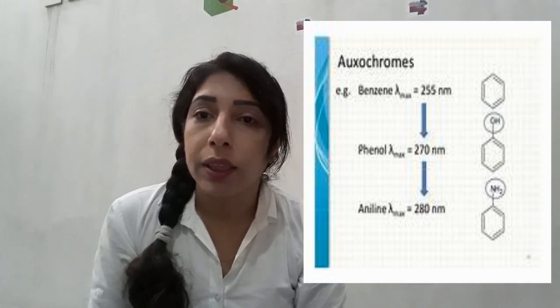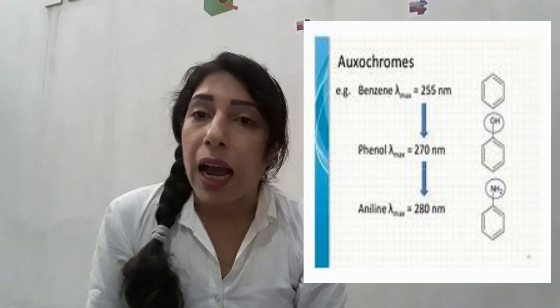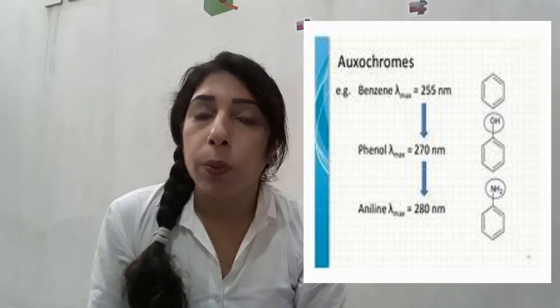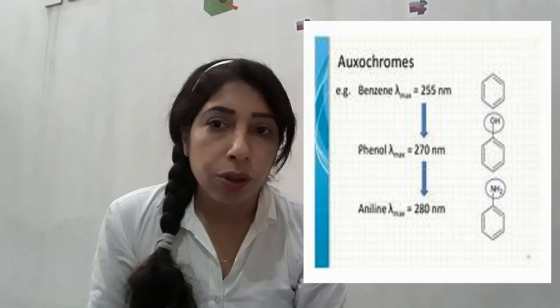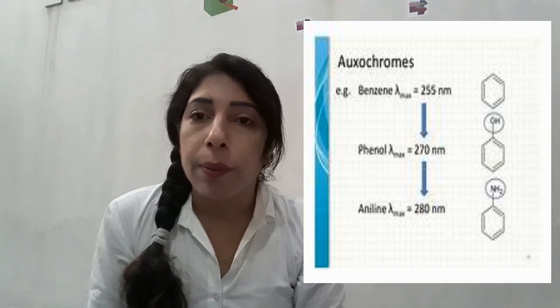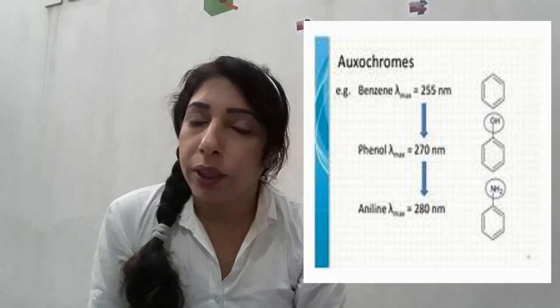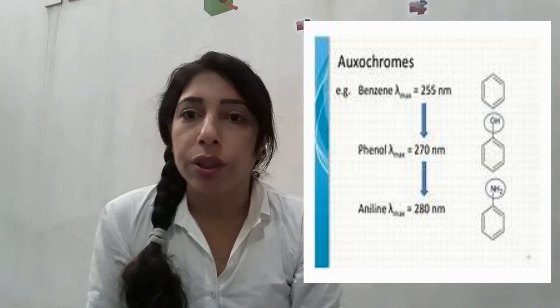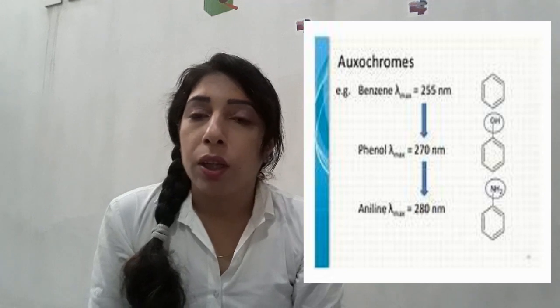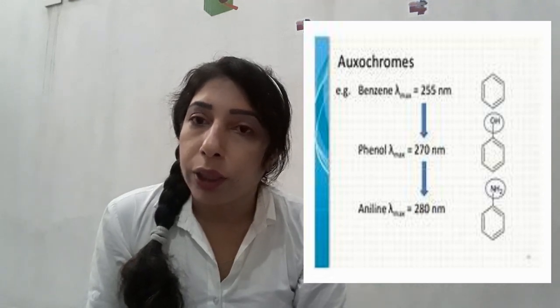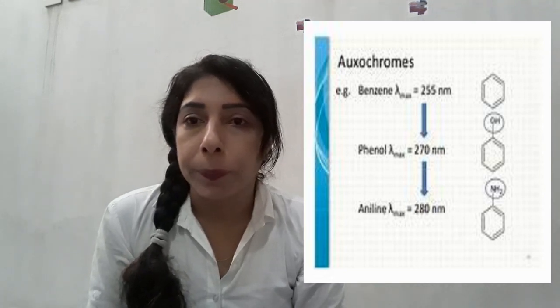The same is the case with aniline. Here the group attached is NH2. NH2 also does not show any absorption itself, but when attached to the benzene ring, it extends conjugation and therefore increases the wavelength from 270 nanometer to 280 nanometer.